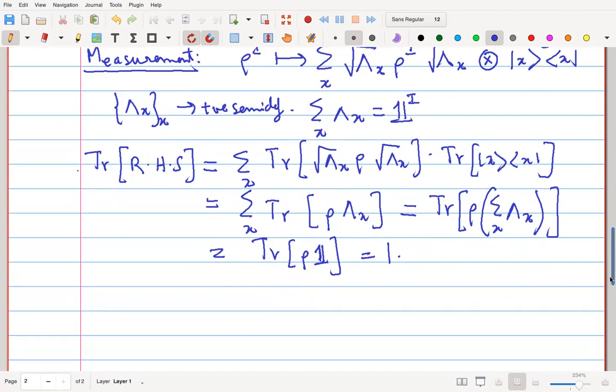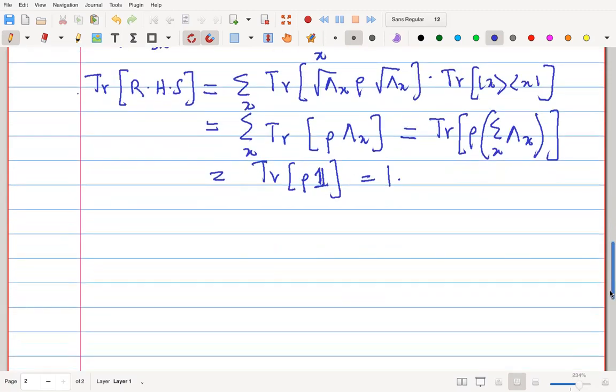Now let us see if this is positive semi-definite. So what does the right hand side look like as a matrix? Actually the right hand side has a block diagonal form. Remember, the right hand side is a state over the register C, for the classical outcome, and I, for the original quantum system.